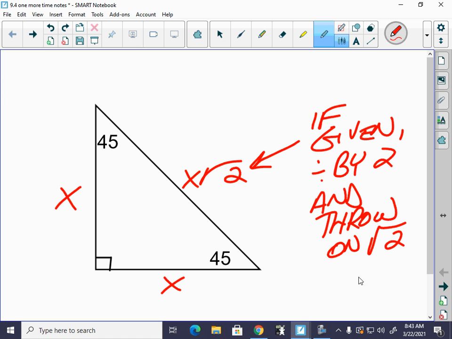Okay? That's the only rule. You don't have to memorize it. You just got to know it. So if that side's given, divide by 2 and throw on the square root of 2 to get x.